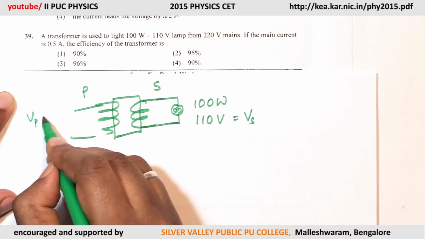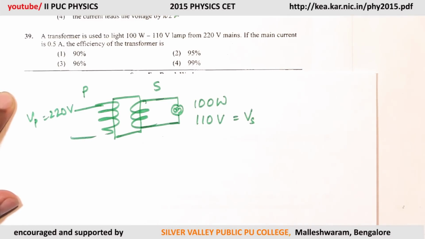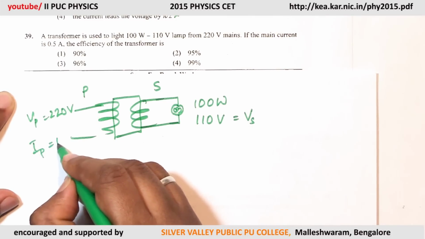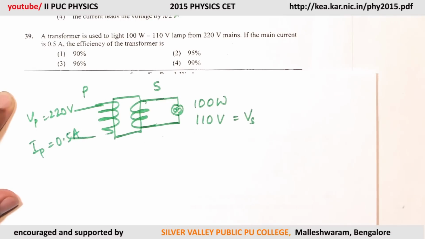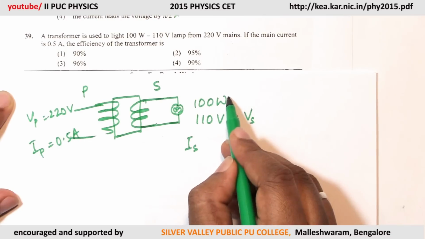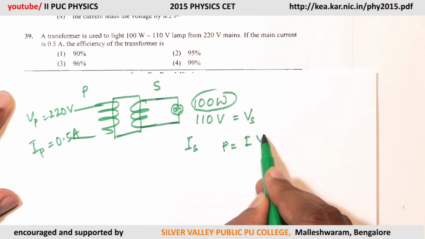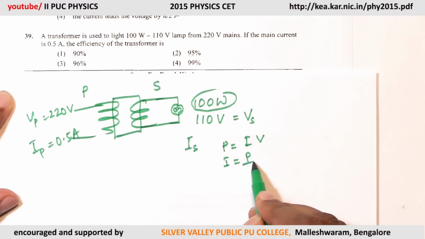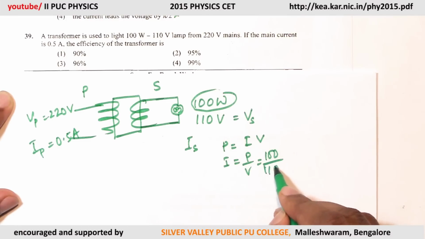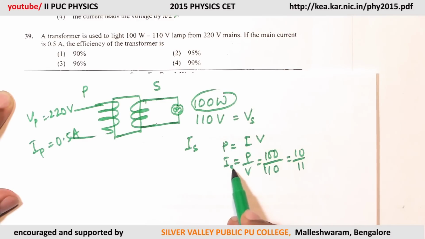Voltage across the primary is 220, given, and current is 0.5. Current at the primary is 0.5 ampere. We have to find the current at the secondary. Power equal to current into voltage. Current is power by voltage. Power is 100 by voltage is 110, which is equal to 10 by 11. This current is the current at the secondary.